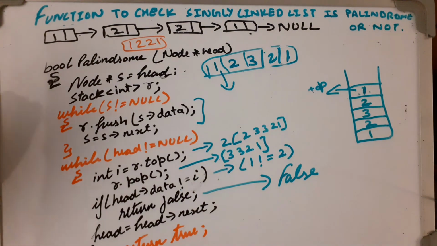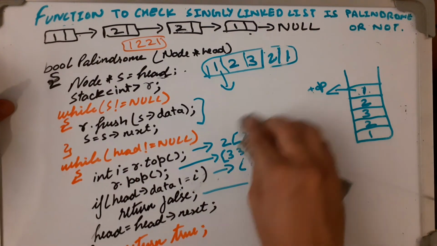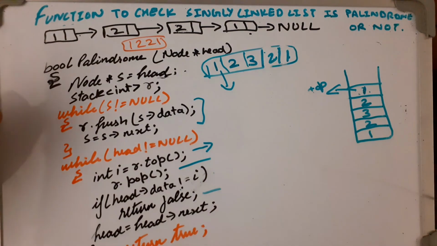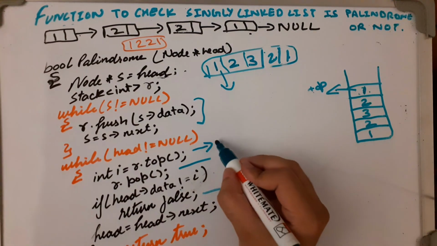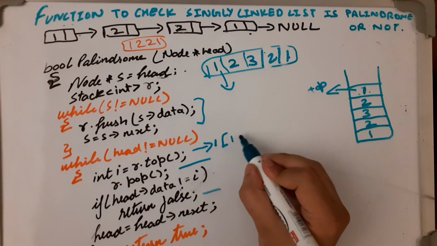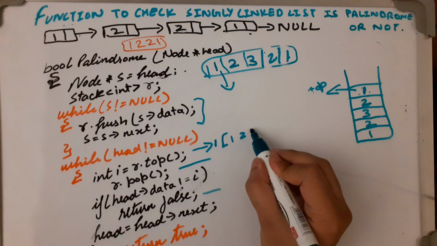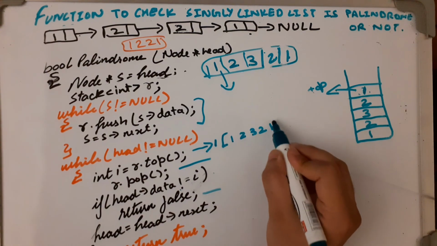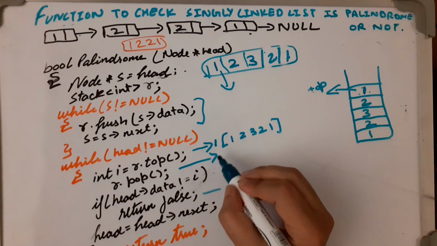So how will it check for the palindrome value? Now let me show you. Here it has 1 2 3 2 1. Nothing is deleted; deletion happens on the pop side.